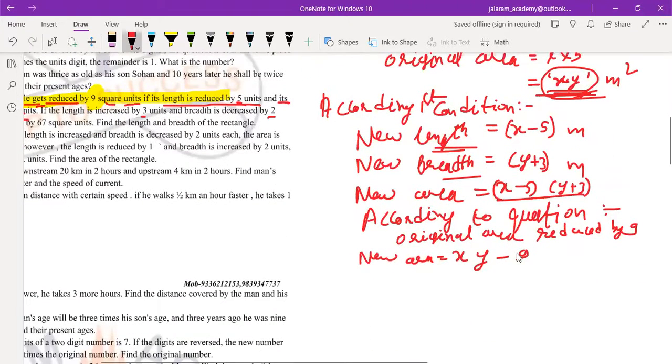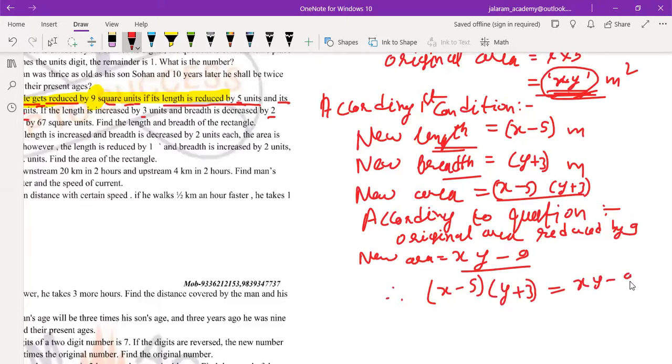So these two areas will be equal: x minus 5 into y plus 3 equals xy minus 9. Opening the bracket, x into y, xy, minus 5 into y, 5y, plus 3 into x, 3x, minus 15 equals xy minus 9. It implies xy cancels out on both sides.